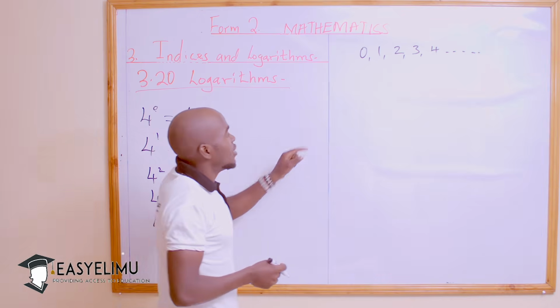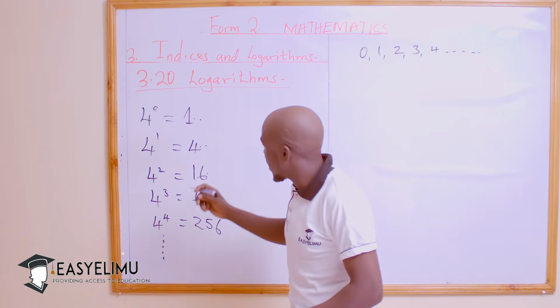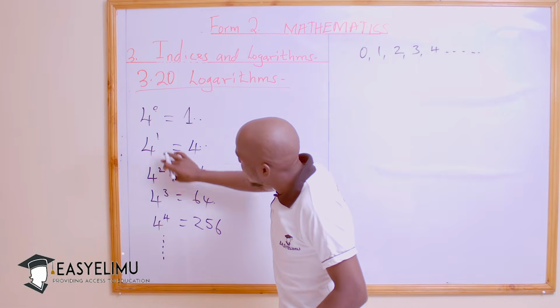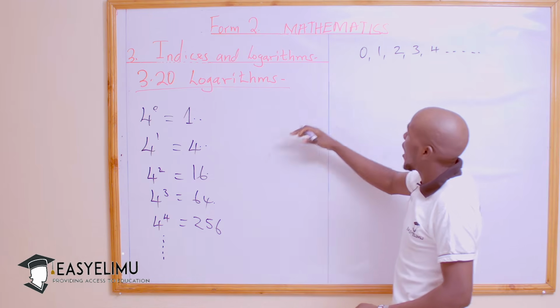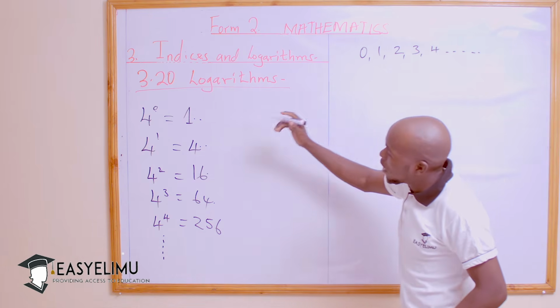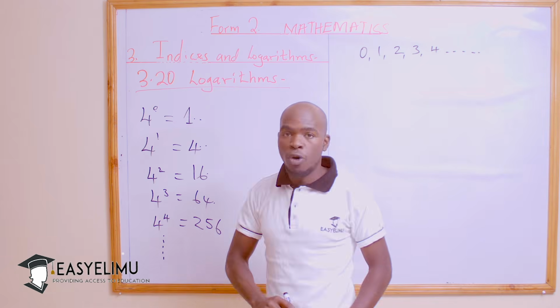So meaning that 0, 1, 2, 3, 4 are the logarithms, but for this case you can view them as indices. But these indices now represent our logarithms of the corresponding numbers to the base of 4.